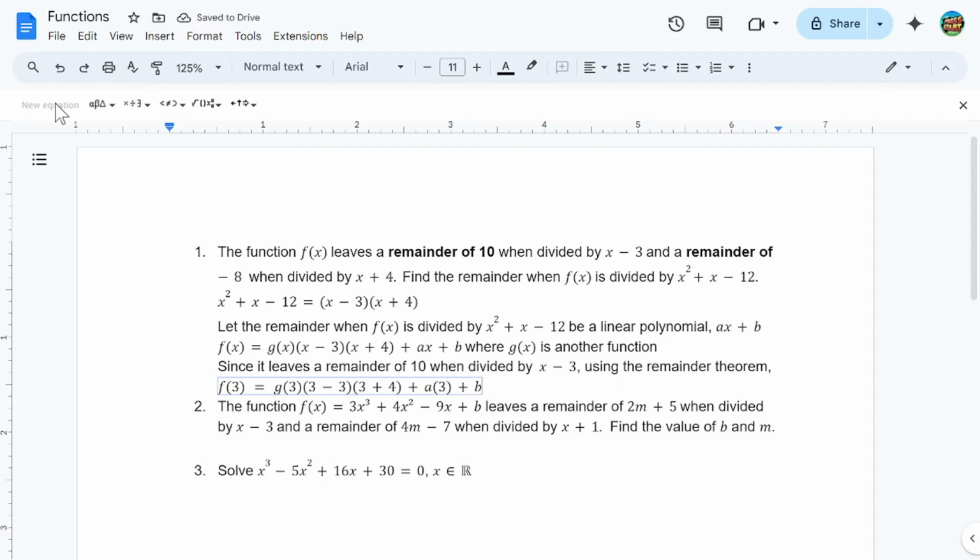So essentially, we are finding an equation with a and b only, and 3 minus 3 equals 0. So this whole part with function g equals 0. This is why we do not need to find what is function g.